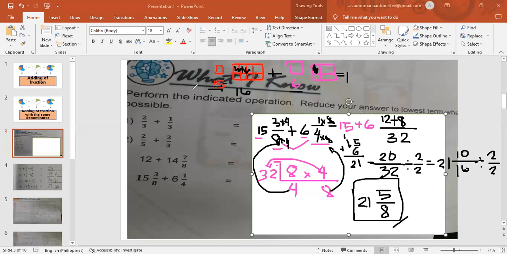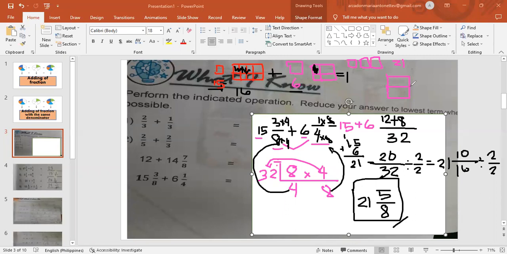Meaning, if we add this together, there are 21 rectangles already. Imagine this is the rectangle. You have 21 rectangles. Okay? But the other one rectangle is not yet complete.